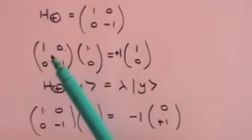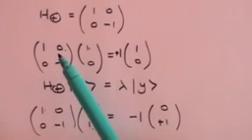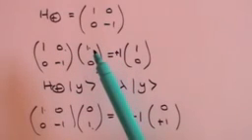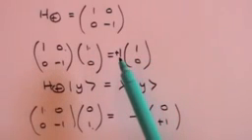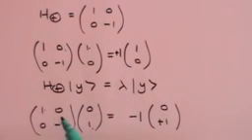So I've got a situation that when I apply this matrix, this measurable, this experiment, onto the x eigenvector, which is the horizontal, I get an eigenvalue of +1. When I apply the same observable onto the y eigenvector, I get the same eigenvector back, but with an eigenvalue of -1.